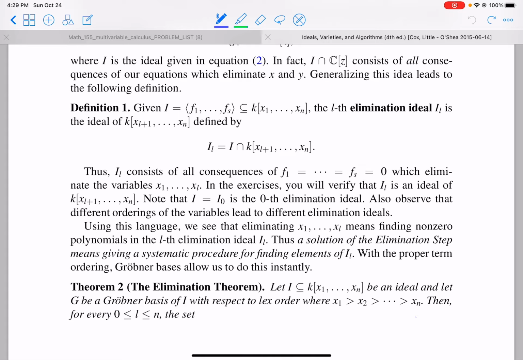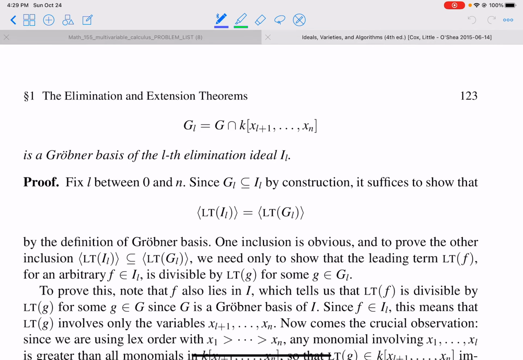So if we order the variables like this, then we just take the lexicographic Gröbner basis, and we only look at the polynomials that have these variables, and that will be a new smaller set, a subset of G. G is just a set with finitely many elements, just these generators of the polynomial ideal. And GL will generate the elimination ideal.